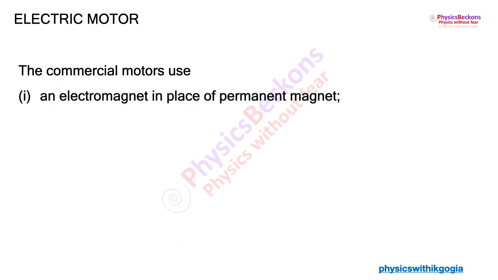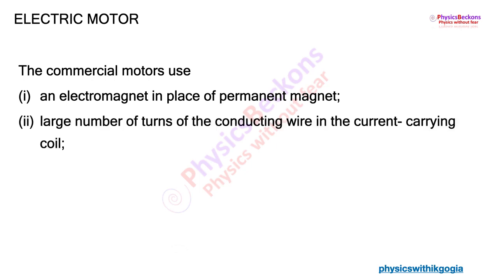In commercial motors, we make use of an electromagnet in place of permanent magnet that helps in increasing the strength of the magnet, and we can also control the strength of the magnet if desired by changing the magnitude of current.